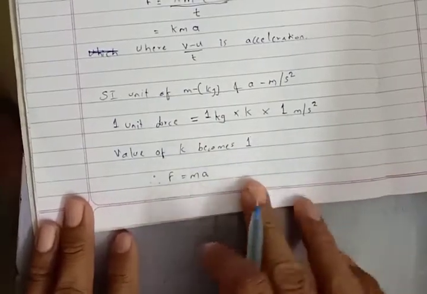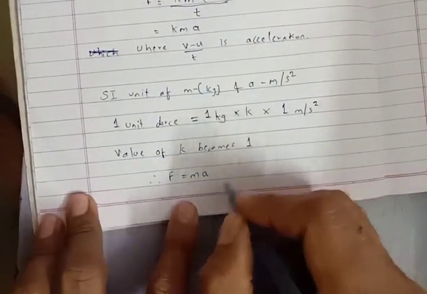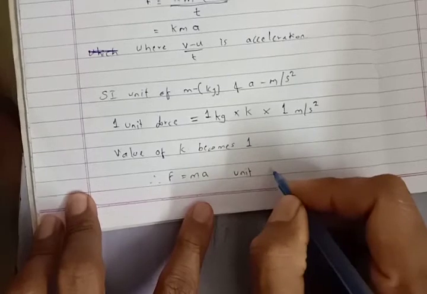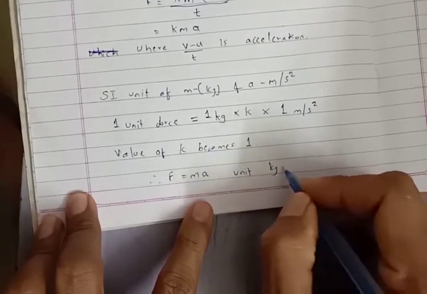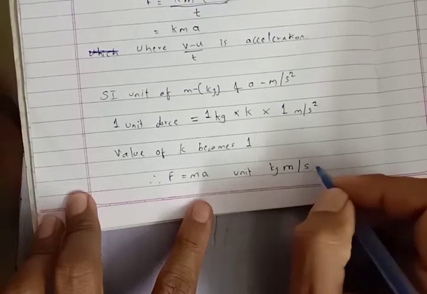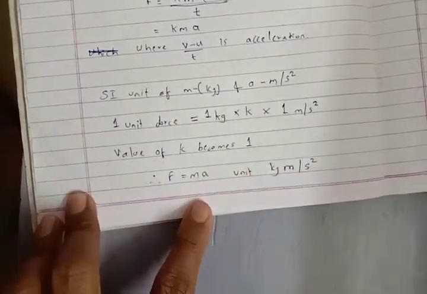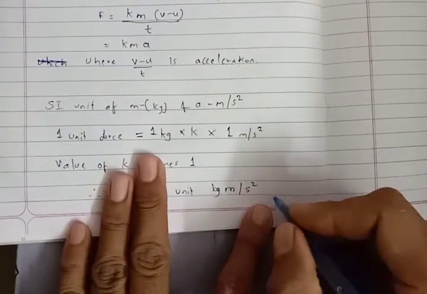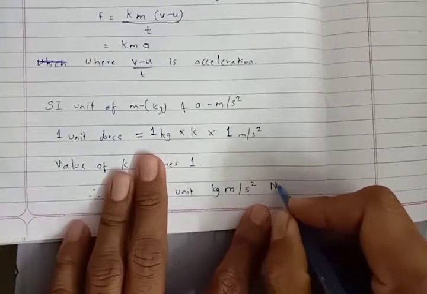and the unit is kg meter per second square, or you can write this as Newton.